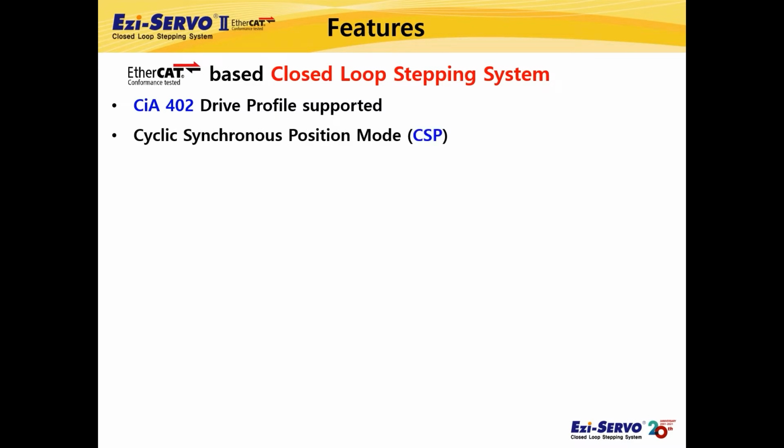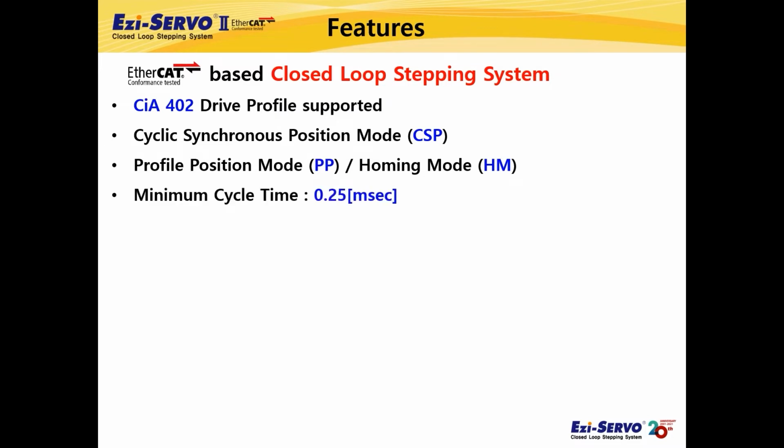It supports CSP mode that controls the position of the slave, by receiving the target position from the master every cycle. And profile position mode, which is a general point-to-point movement command, and homing mode, which is an origin search command. Also, the minimum cycle time is 0.25 milliseconds.